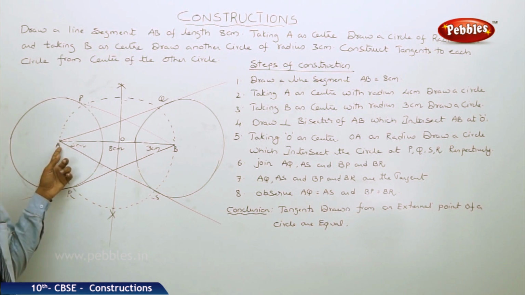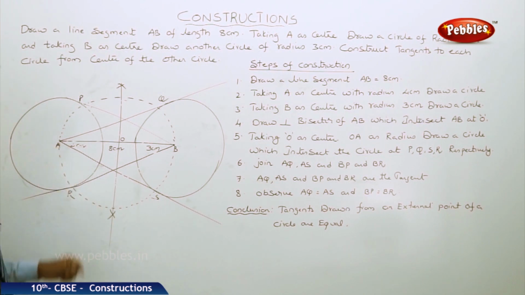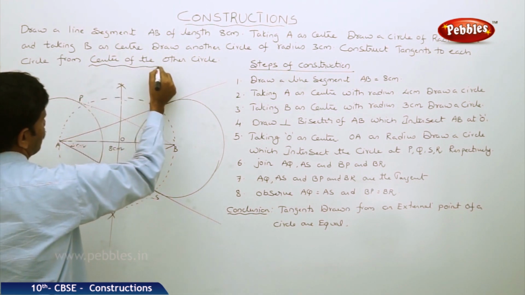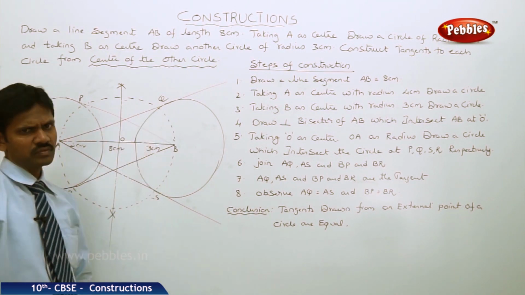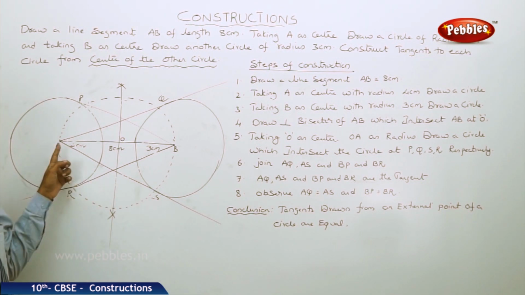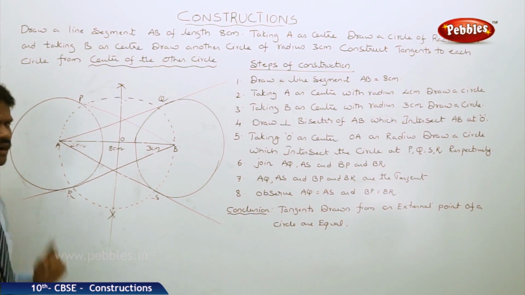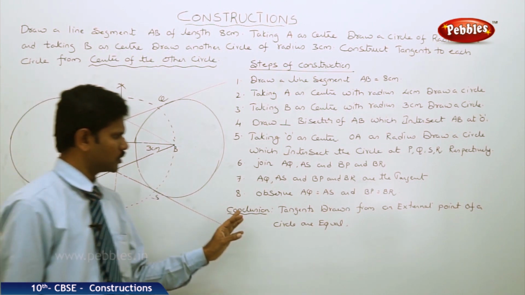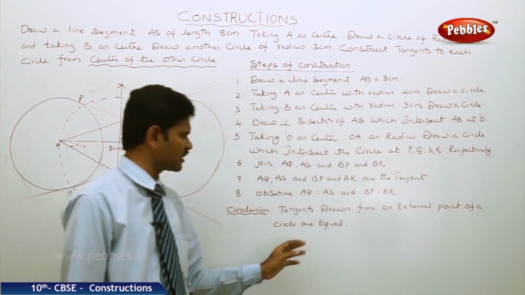Now here the centers are A and B. According to the question, construct tangents of the circle from the center of the other circle, that is AQ and AS are one pair of tangents from the center A. Similarly BP, BR are another pair of tangents from the center B. Therefore we conclude that the tangents drawn from an external point of a circle are equal.